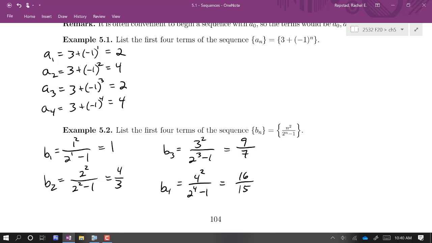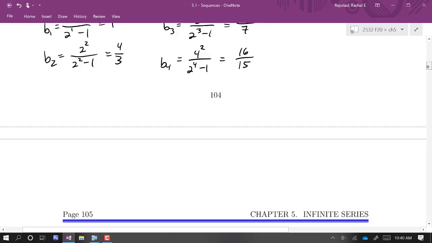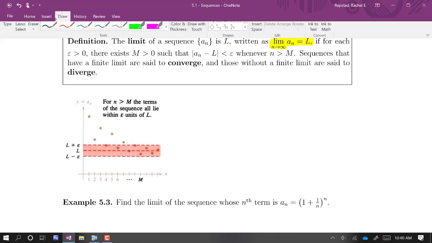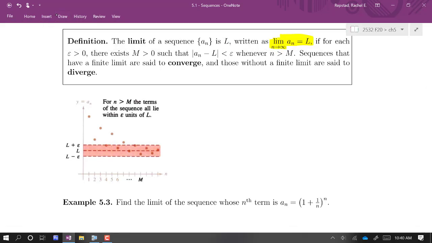What we're going to be concerned with primarily in this section is whether or not a sequence converges to a particular value. So we define the limit of a sequence. When we talk about the limit of a sequence, we are very specifically talking about the limit as n approaches infinity of those terms. So as n grows, as you go further out into the sequence, are those values approaching a single value?